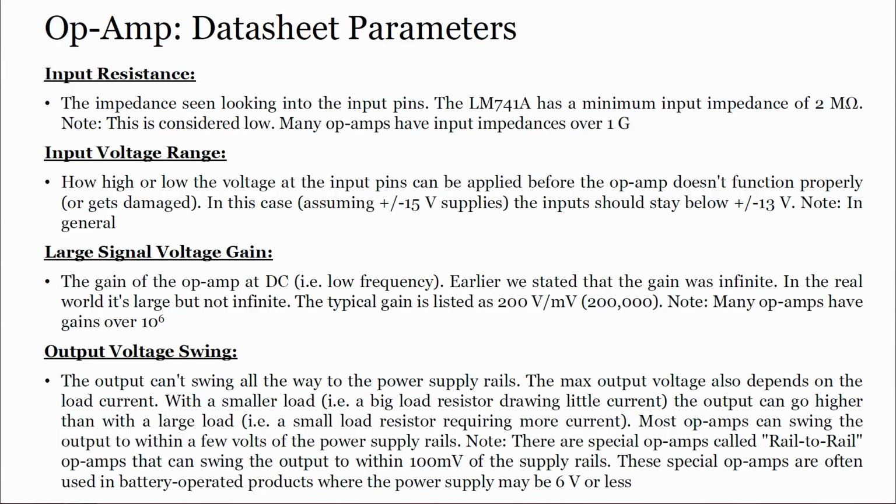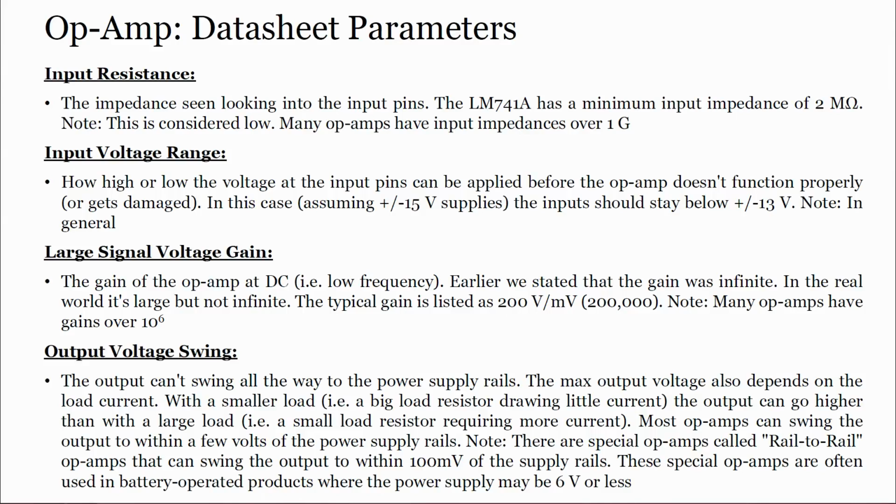Output voltage swing, what is that? The output can swing all the way to the power rails. It cannot go all the way to plus minus 15, and the maximum output voltage also depends on the load current. With a smaller load, the output can go higher than with a larger load. It is obvious. Most op amps can swing the output to within a few volts of the power rails. There are special op amps called rail to rail op amps that can swing the output to within 100 millivolts of the supply rails.